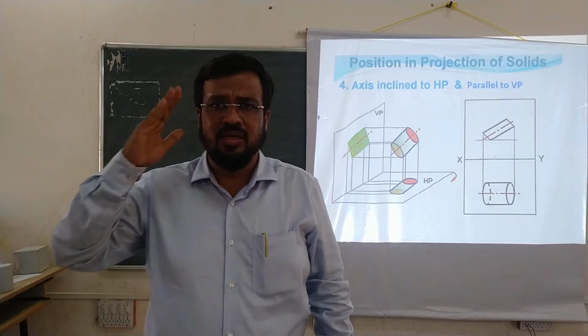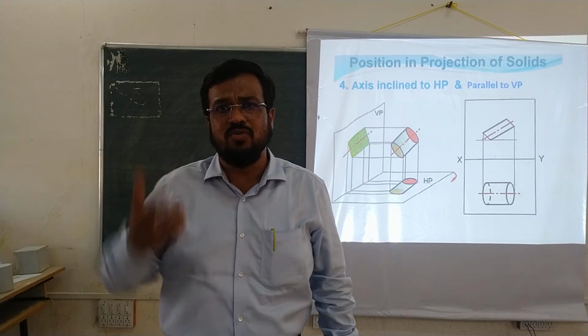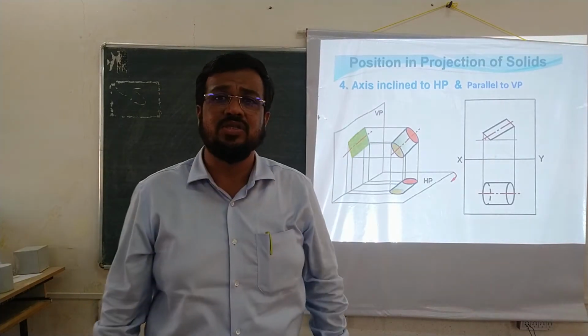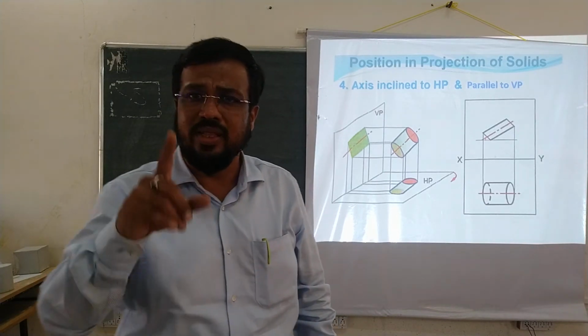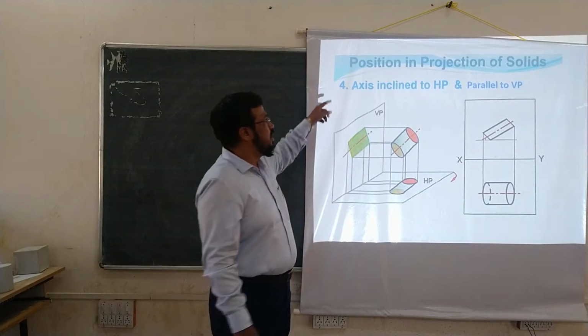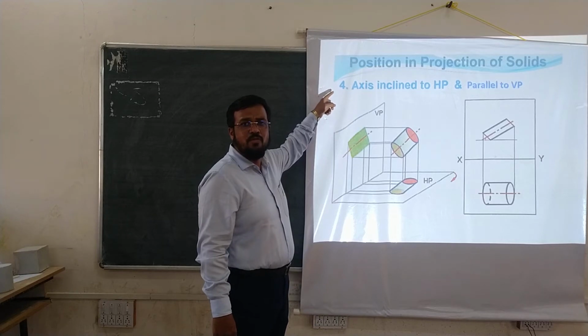My dear friends, if we go back to the first semester and recall what we studied in projection of lines, you will come to know that when the line was inclined to HP, its front view will show you the true length and true angle. The same logic applies here, because the axis is one form of a line.